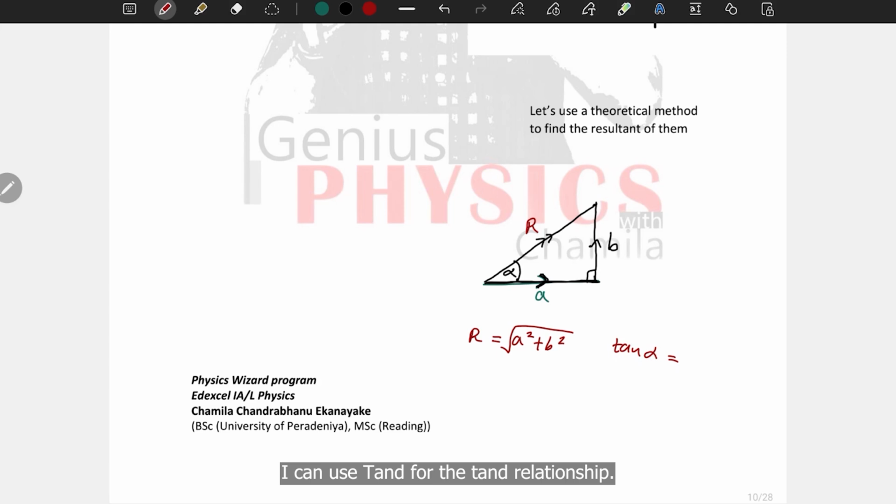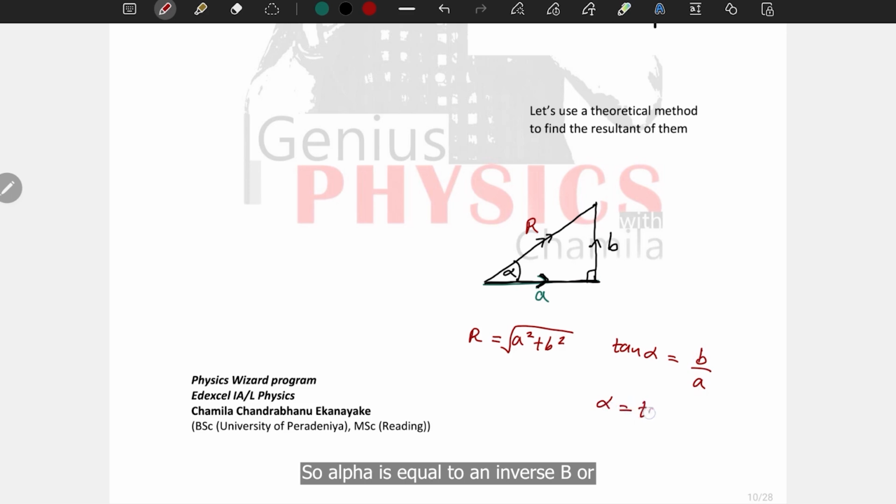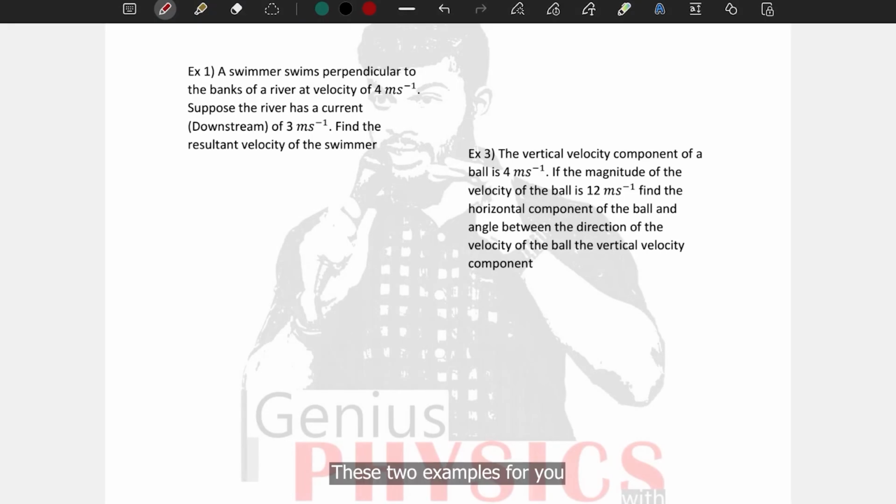The tan relationship is opposite side over adjacent side, as this is a right angle triangle. So tan alpha is opposite side B over adjacent side A, so alpha is equal to tan inverse B over A. Let me do these two examples for you.